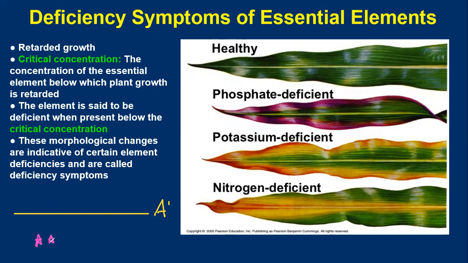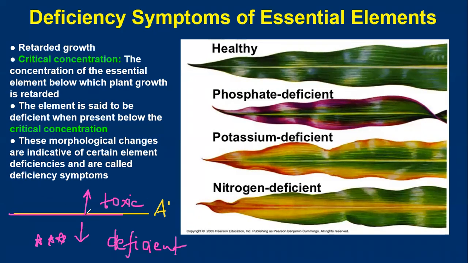Then the plant will show what? Deficit. It will show retarded growth or deficiency. If it is supplied above this, it will again become toxic.